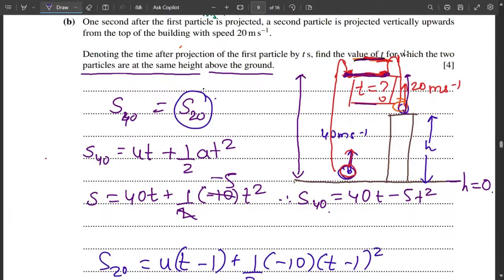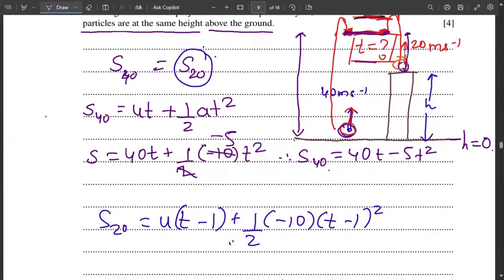And now this is not the only displacement. Here we considered height to be 0 for the 40 meter per second particle. And now if you want to equate both of them, here also we will need the height. So this will be minus h. Why? Because this is the extra length, right? Because this we don't want. We just want it at the ground level.